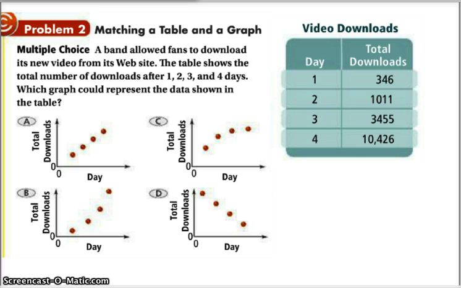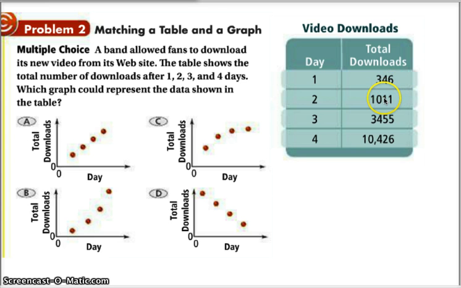Okay, first thing is all relationships can be represented both in a table and in a graph. Our job is to figure out which graph goes with the table. Well, what we can do is look at the table and just get a general idea about what's happening. It looks like from day 1 to 2, it goes up by about 600 or so.